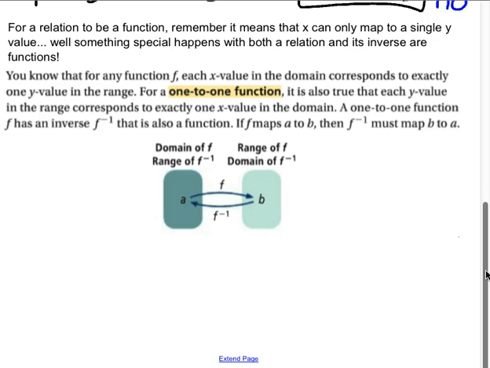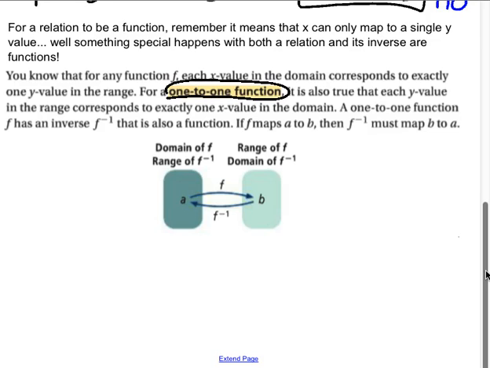Down here, this is a little recap, little explanation. For a relation to be a function, remember it means x can only map to a single y value. So if you think of that also having to happen in the reverse, basically that means that in order for the inverse to be a function, y could have only gone to a single x. And that we actually give a special name.